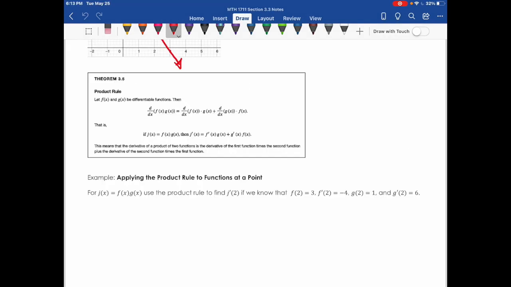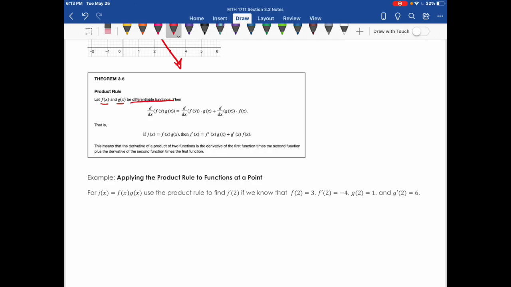The next rule we're going to talk about is called the product rule. And this is applied to a function in which there are 2 other functions being multiplied together to form that function that we're trying to take the derivative of. So we're going to say let f of x and g of x be differentiable functions.